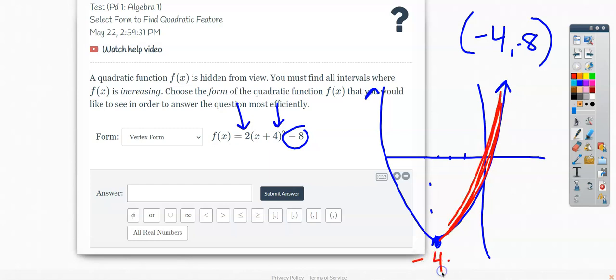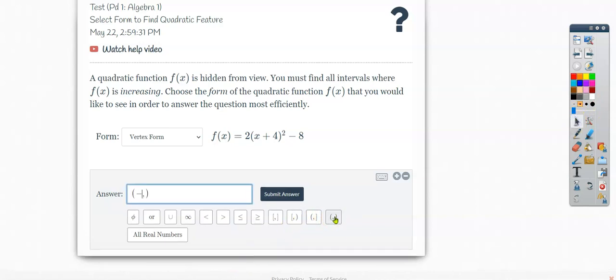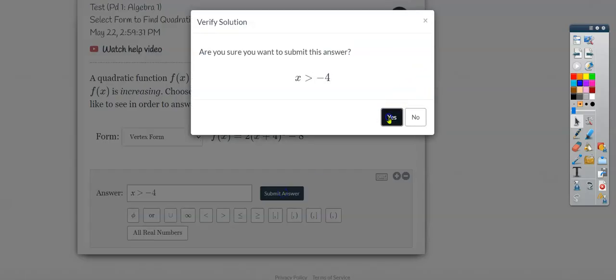So from negative 4 on. So as long as x is greater than negative 4, we're good. So we can use interval notation like this, negative 4 to infinity, or we can just say x is greater than negative 4. We can do either one of those.